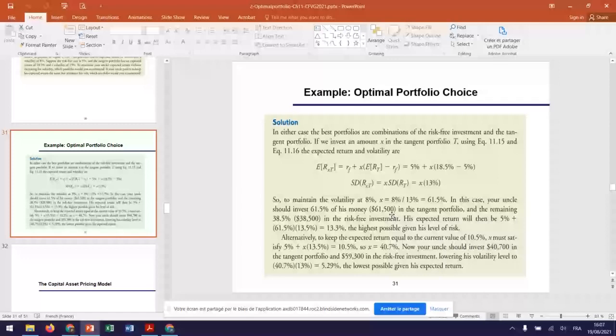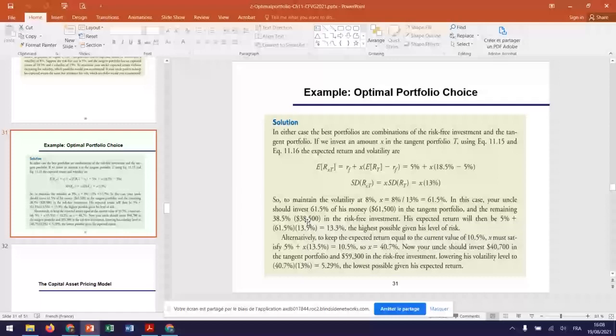That would allow us to get the expected return of 13.3%. 13.3% comes from investing 61.5% in the tangent portfolio and the remaining 38.5% in the risk-free investment.